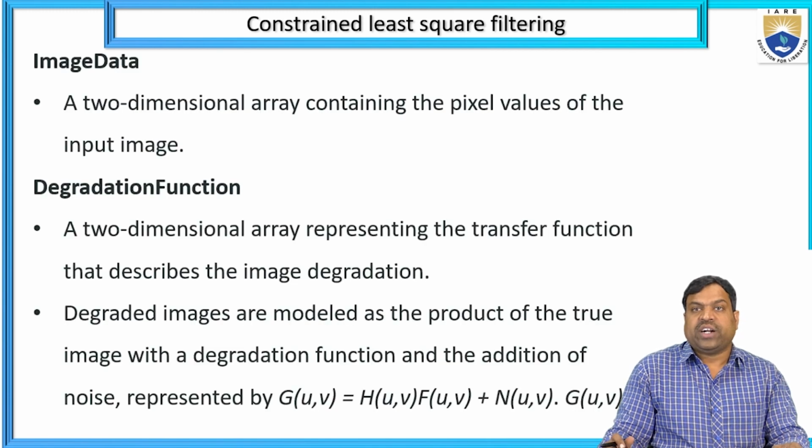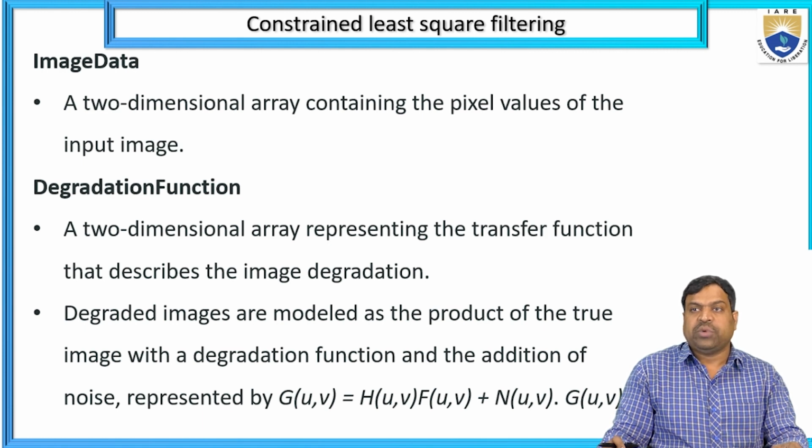So, image data in constrained least square filtering: what is the image data? A two-dimensional array containing the pixel values of the input image. What is the degradation function? A two-dimensional array representing the transfer function that describes the image degradation.